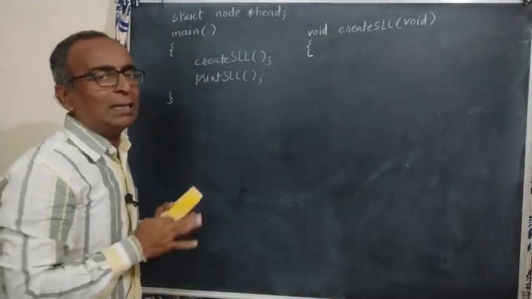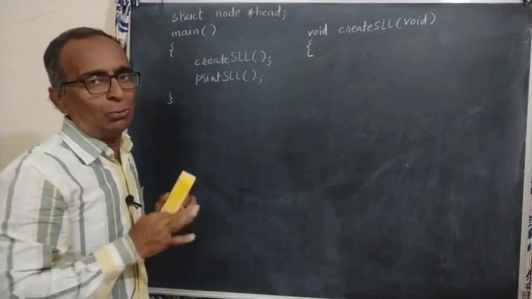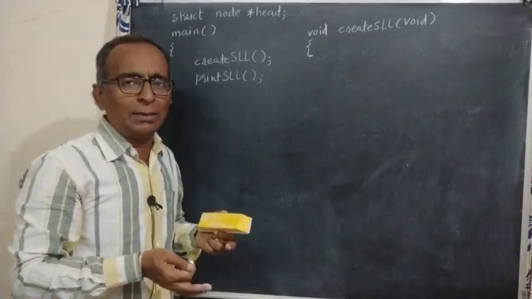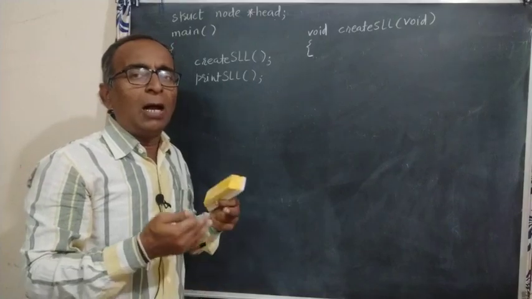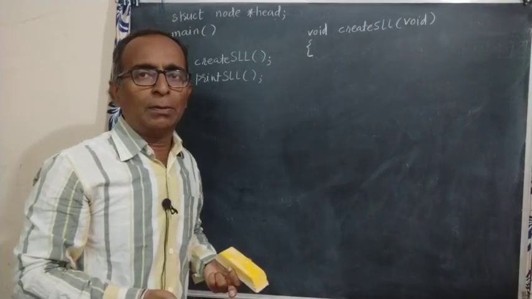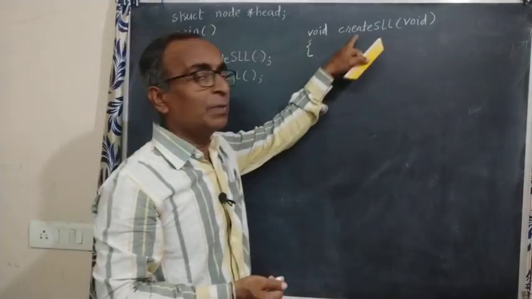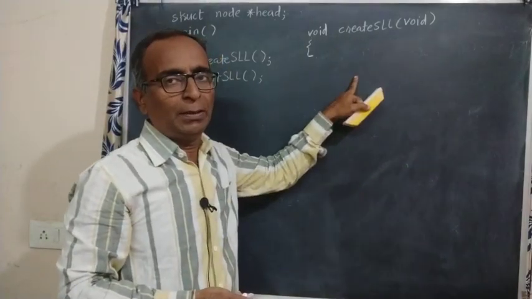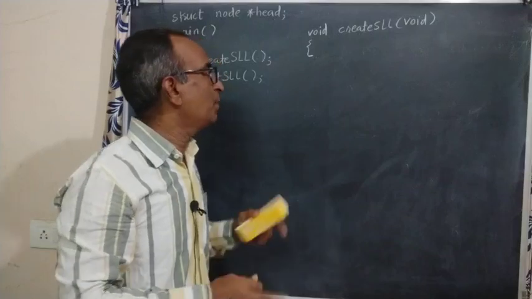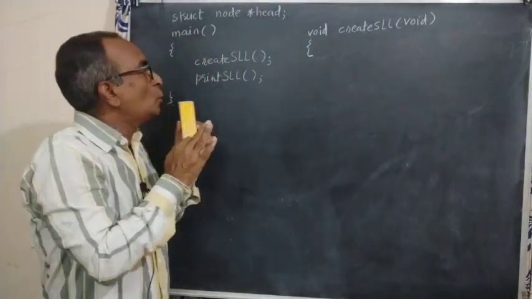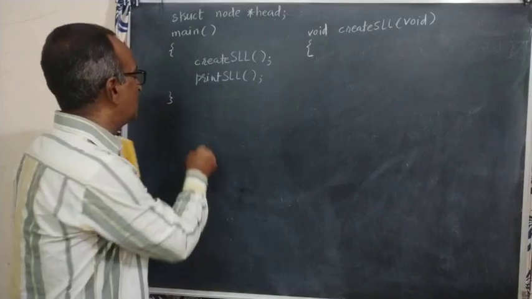Now in create linked list, what I want to do is, see, whenever I am creating a linked list, how many nodes you want to include in the linked list, it should know, right? So first I'll accept. Now my proposed output I will create first.